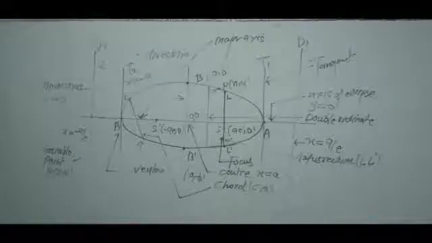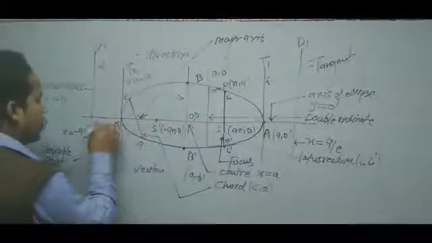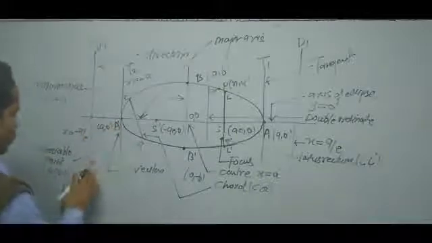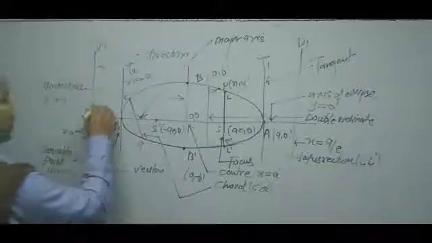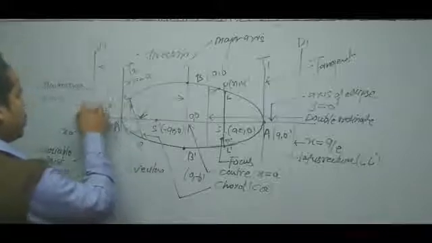Now these are the terminologies of ellipse, you can see. So there are so many points. Its coordinate is also known. This is (a, 0). This is (minus a, 0). And its equation is x equals minus a by e. Its point will be (minus a by e, 0). This is the point.